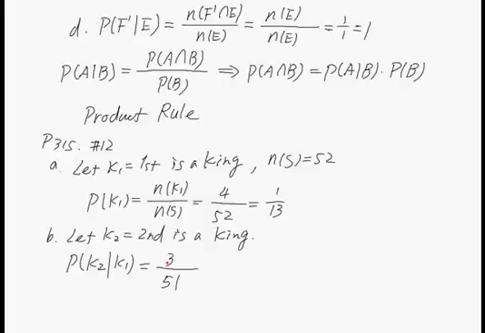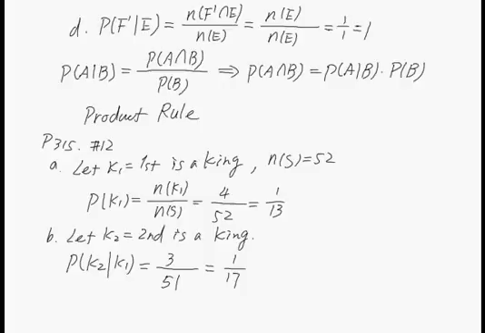So 3 over 51, and this is the conditional probability. And you cancel the common factor, so you have 1 over 17. So this is part B.